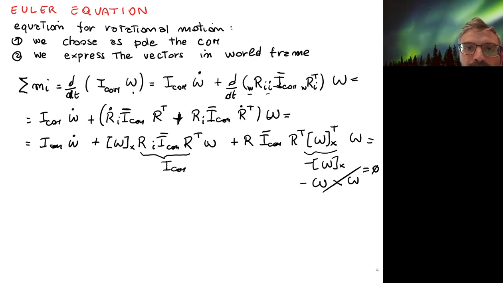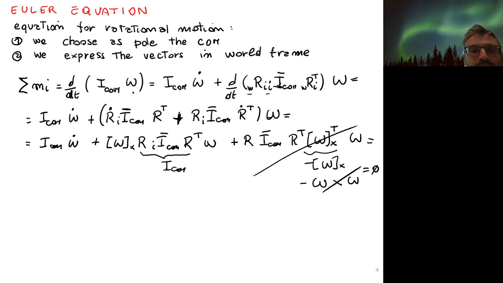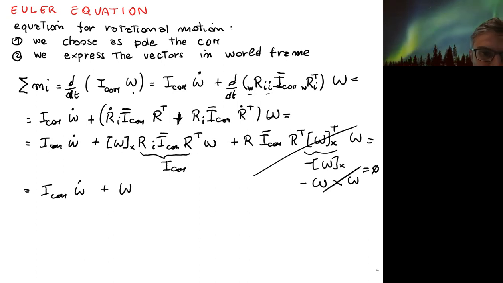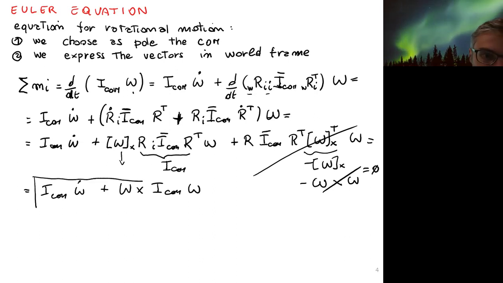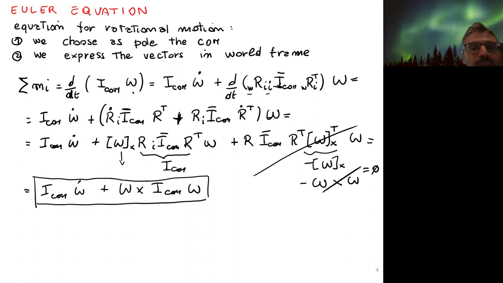So all this term goes to 0. And we remain with just this part, ICOM omega dot plus, again going back to the cross product from the symmetric matrix, omega cross ICOM omega. And this is the Euler equation. Very simple, where this is the inertia of link I with respect to the center of mass expressed in the world frame.